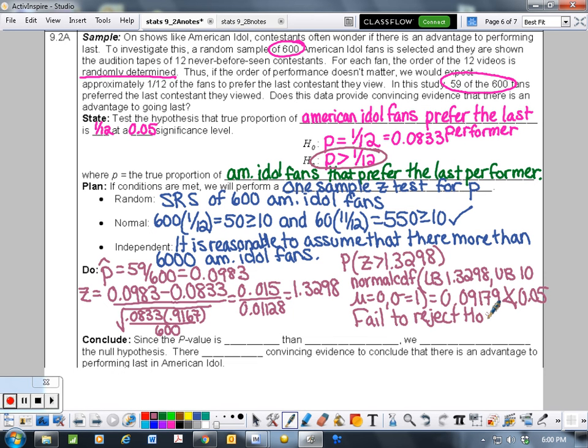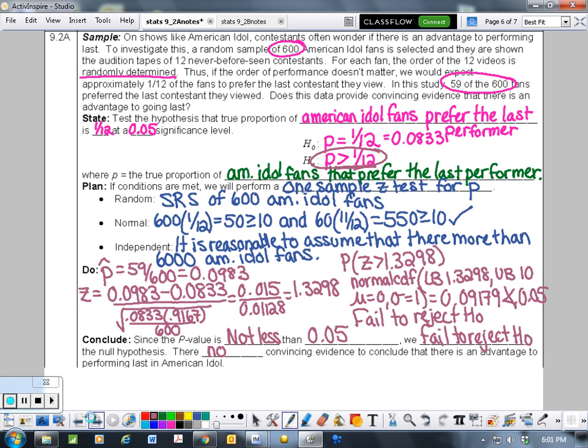Okay, since the p-value is not less than 0.05, we fail to reject H0, which means we do not have convincing evidence of our alternative hypothesis. We do not have convincing evidence that American Idol fans prefer the last performer. So there's no convincing evidence.